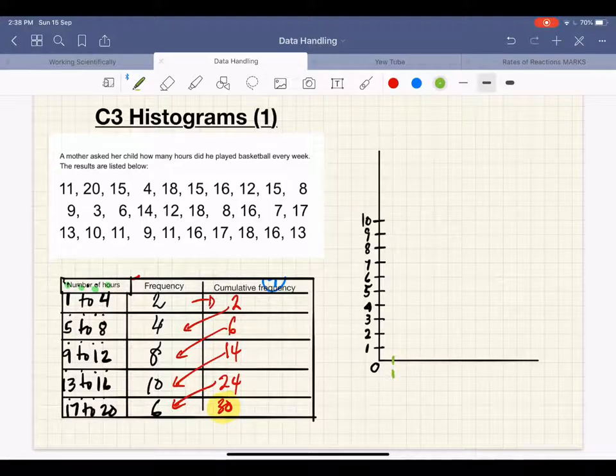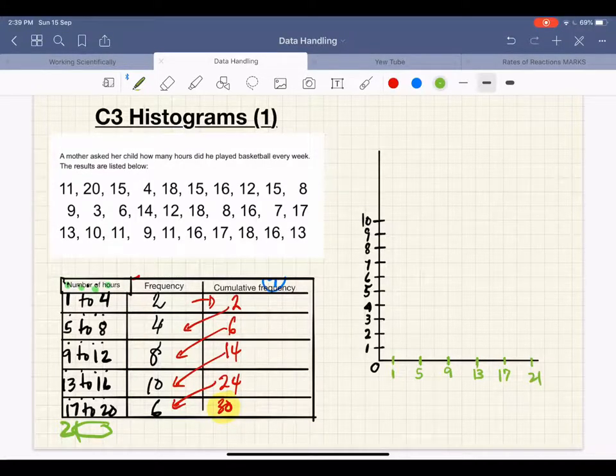Now, the next value is 5, as long as I space it evenly. Then the next is 9, the next is 13, and the next is 17. And just for fun, the next would be 21. That means if I had one more here, it would start at 21, because we just need a place to end the last bar.